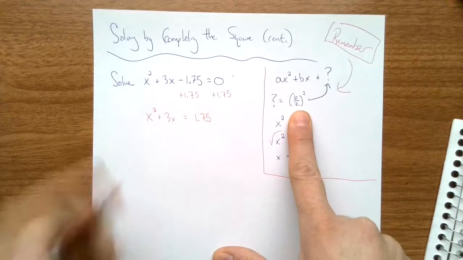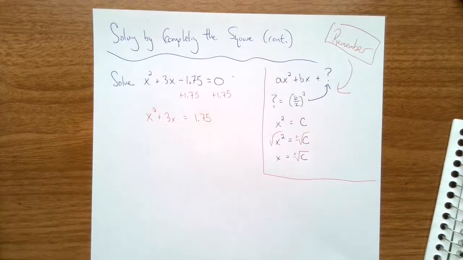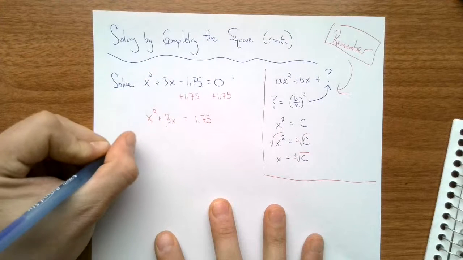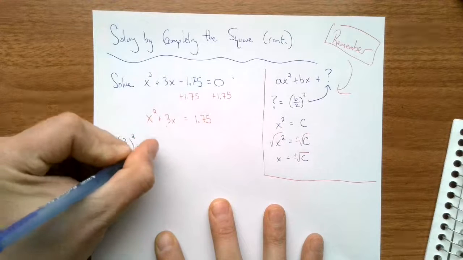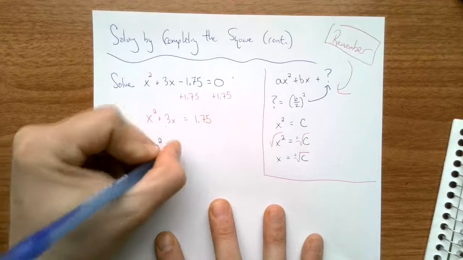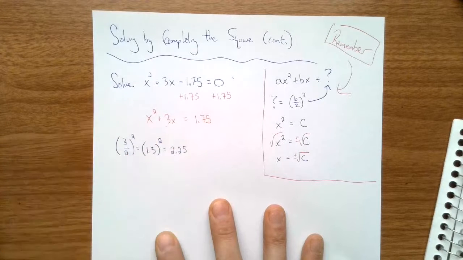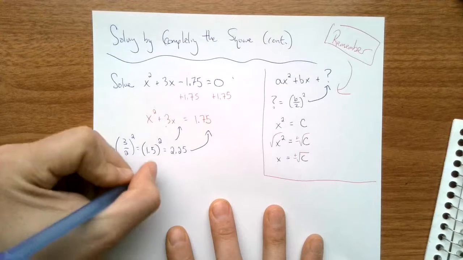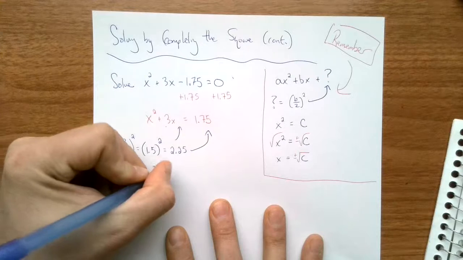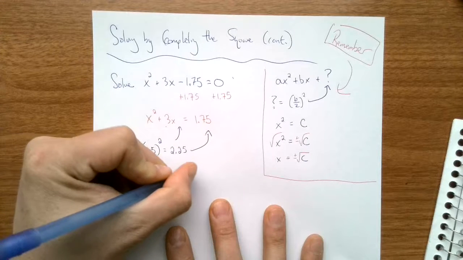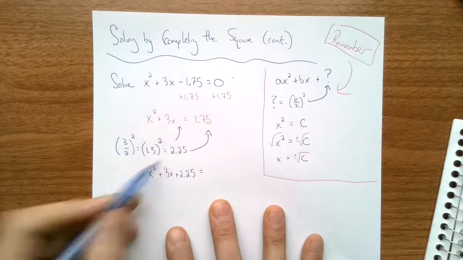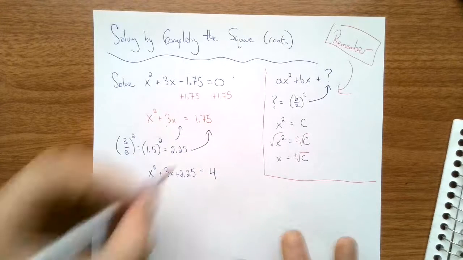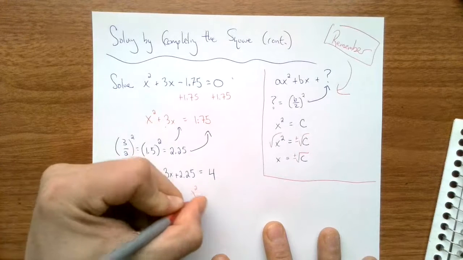We're then going to take the coefficient of our linear term b, divide it by 2, and square it. So we have 3 over 2 squared. 1.5 squared is equal to 2.25. So we're going to add 2.25 to both sides of the equation, which will give us x squared plus 3x plus 2.25 equaling 2.25 plus 1.75, which is 4.